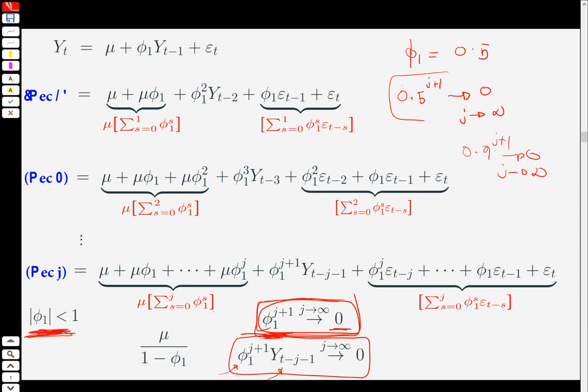Which one? This one? The second term or the third term? 2 or 3? Which one? Do you mean this one? Number 2?